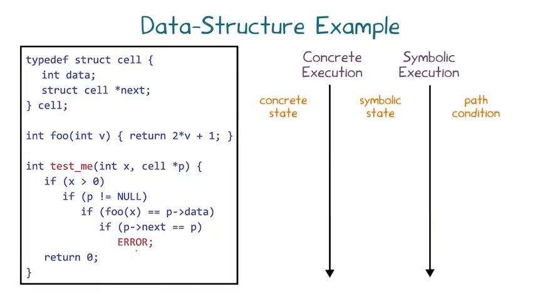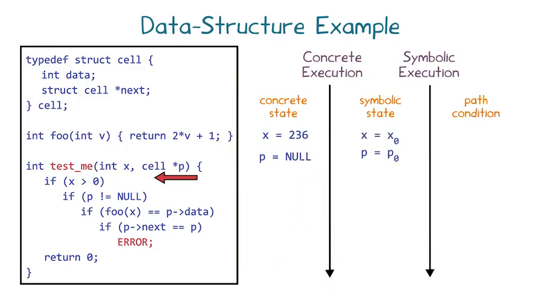Dynamic symbolic execution, on the other hand, would find this error after at most 5 runs of the testMe function. For example, suppose the randomly generated inputs first given to testMe are x equals 236 and p equals null. As before, DSE stores both the concrete values of these variables and their symbolic values, which we'll call x0 and p0.